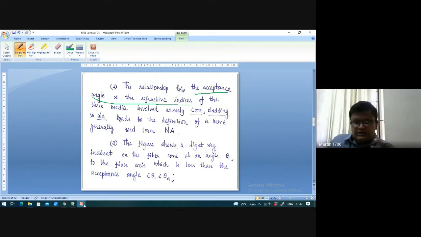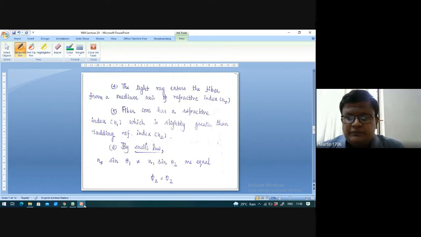Please see the ray incident on the fiber core at an angle theta 1 to the fiber axis, which is less than the acceptance angle, that is theta 1 less than theta a. Okay. The light may enter the fiber from a medium of refractive index n. The fiber core has a refractive index which is slightly greater than the cladding, and by Snell's law, you can see there are two values, n sine theta 1 and n sine theta 2.